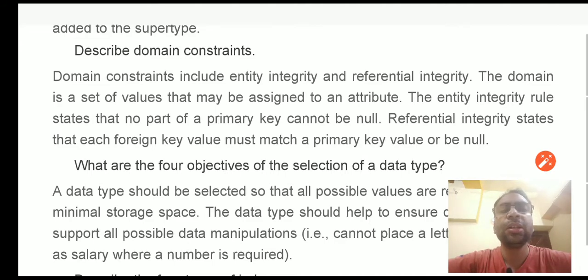The entity integrity rule states that no part of a primary key can be null. Referential integrity states that each foreign key value must match a primary key value or a null value.